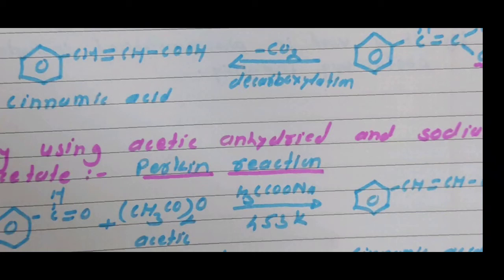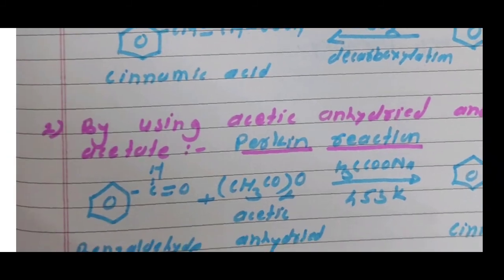Then the second preparation method is the Perkin reaction, using acetic anhydride and sodium acetate. When benzaldehyde is treated with acetic anhydride in the presence of sodium acetate at 453 Kelvin temperature, it gives cinnamic acid, and this reaction is known as the Perkin reaction. Here I am showing benzaldehyde, a benzene ring attached to a CHO group, plus acetic anhydride (CH3CO)2O in the presence of sodium acetate at 453 Kelvin.